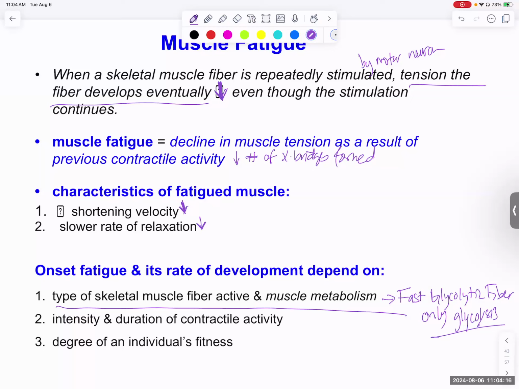Fast oxidative glycolytic will take a little bit longer. And so that's where we get to the intensity and the duration: how much O2 is available and also what type of muscle fiber, because fast glycolytic can only do glycolysis. They will burn out. And then also the degree of fitness, muscle fibers can be trained.